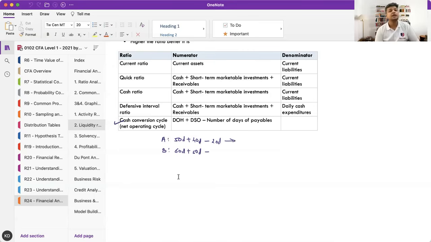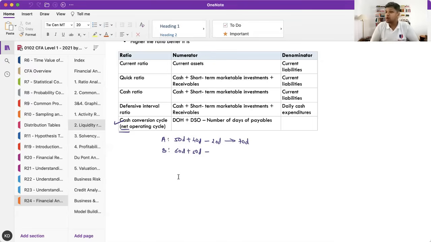Now in case of A, that 90 days it takes to prepare the inventory, sell it and collect the money, if I subtract 20 days, A takes around 70 days to convert the entire cash circle. So it's a cash conversion cycle, which means you prepare the inventory, you sell it, you get money from your customers, and you also pay. So A's cash operating cycle is 70 days.